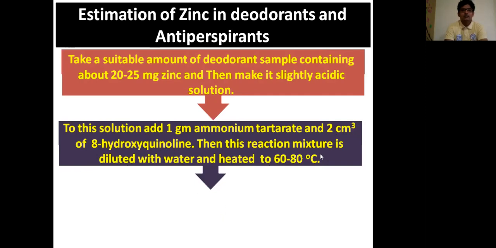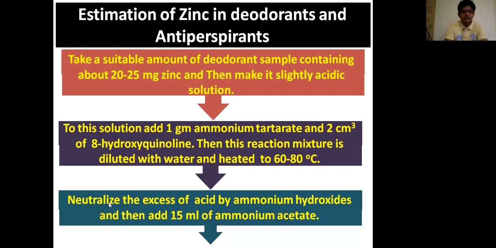Dear student, remember here 8-hydroxyquinoline is used as a ligand which selectively forms a complex with the zinc metal present in the deodorant or antiperspirant sample. So here the zinc will be separated in the form of a complex of 8-hydroxyquinoline. After this step, neutralize the excess of acid by ammonium hydroxide and then add 15 ml of ammonium acetate.